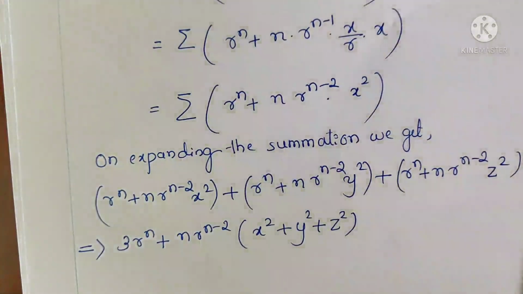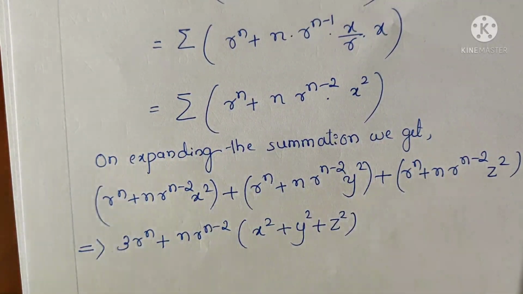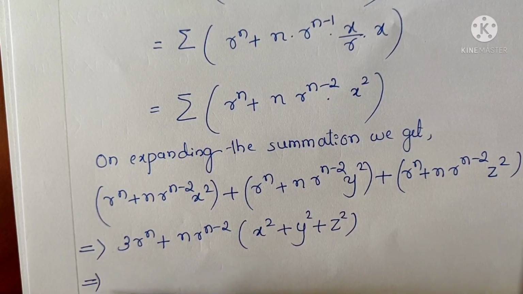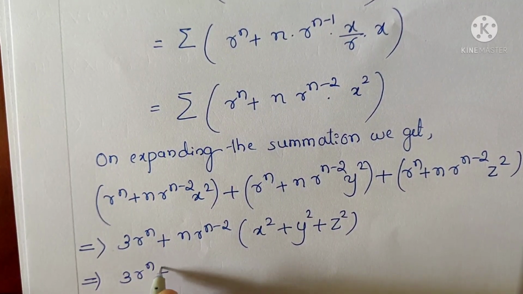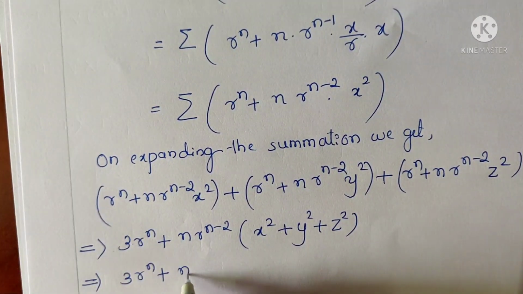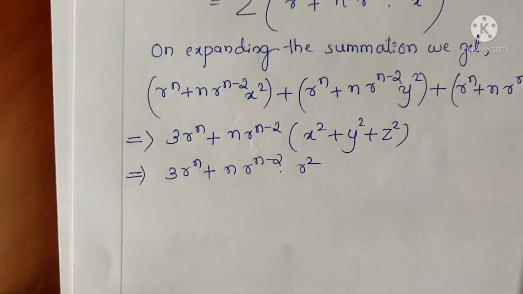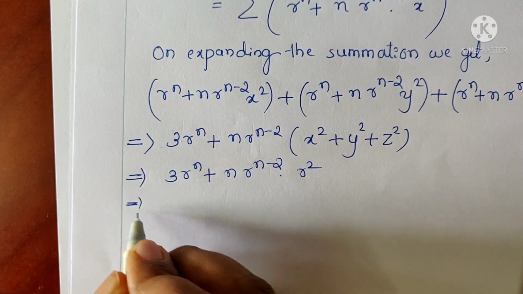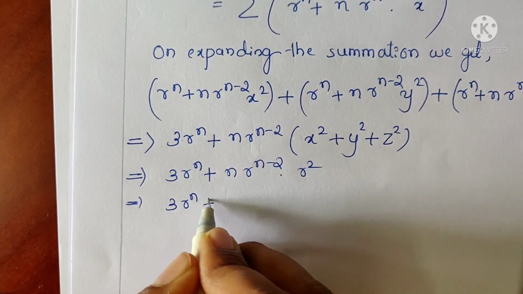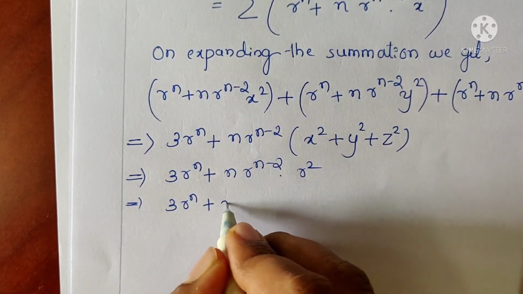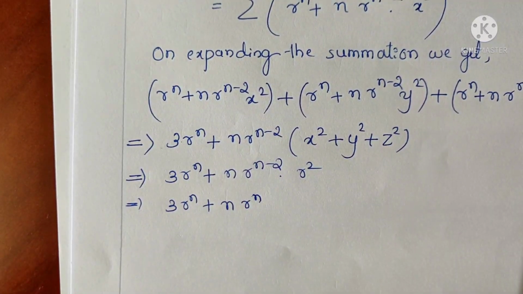But x square plus y square plus z square is what? It is r square. So this implies 3 r^n plus n r^(n-2) into r square, which is equal to 3 r^n plus n r^n.